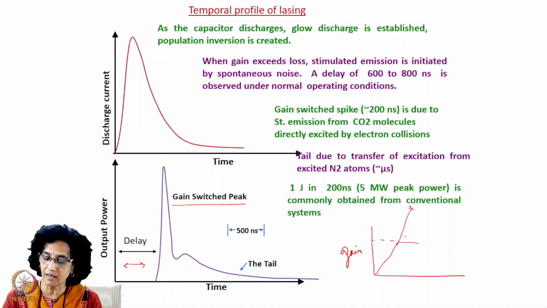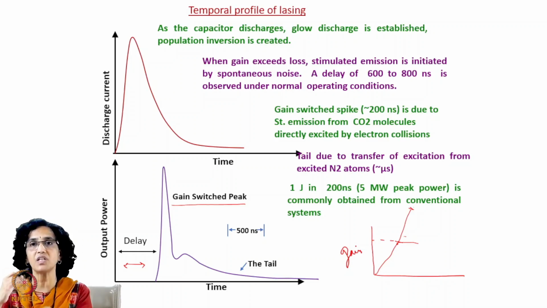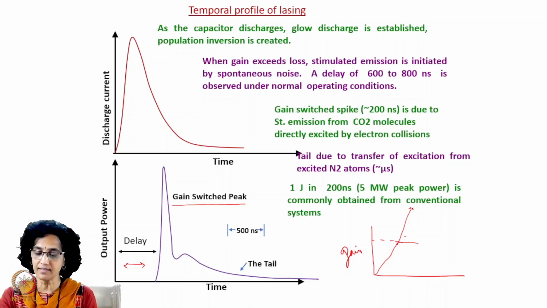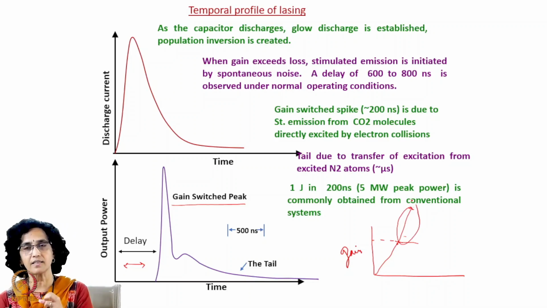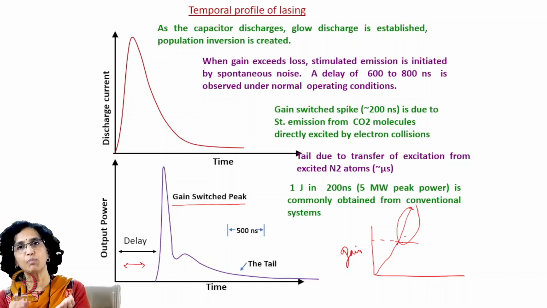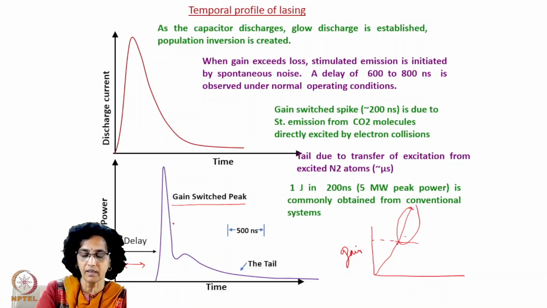Therefore there is a lot of population inversion created above the threshold, and this difference is leached very fast because of the stimulated emission rate. The stimulated emission rate is proportional to N2 minus N1, so that leaches the population very fast, and you have this gain switched spike.